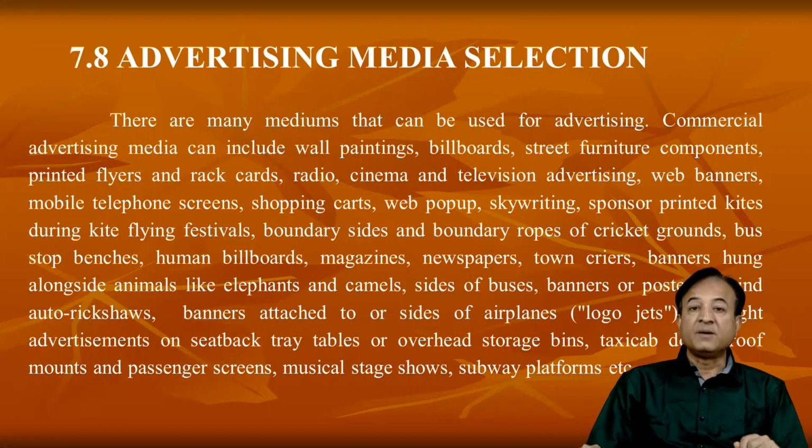Commercial advertising media can include wall painting, billboard, street furniture components, printed flyers and rags, cards, radio, cinema and television advertising, web banner, mobile telephone, screen, shopping cart, etc. Now, factors affecting the selection of media.